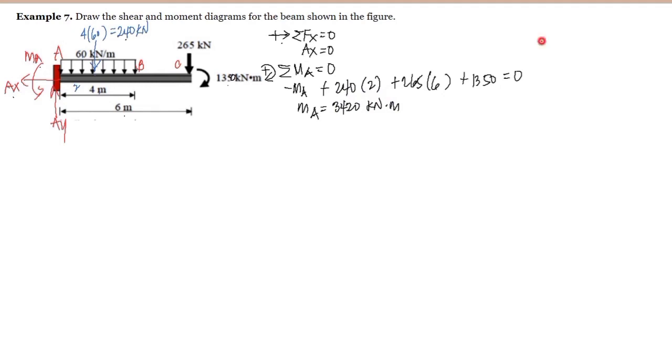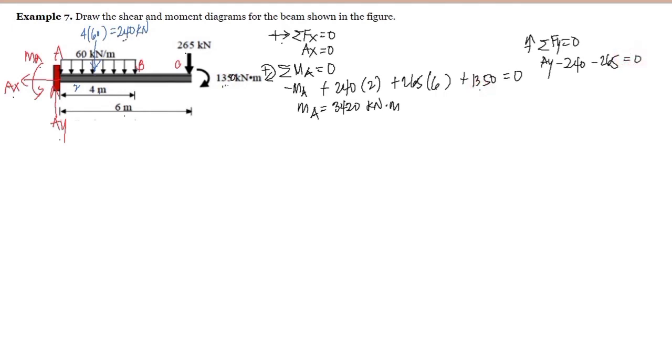And if we summate forces vertical equal to 0, taking the upward direction as positive, we have AY, assumed directed upward, so that's positive. This 240 is downward, so it's negative 240. We have the 265 downward, so that's negative 265. And this couple is not included because we are summating forces vertical; it can only be considered in summating the moment.